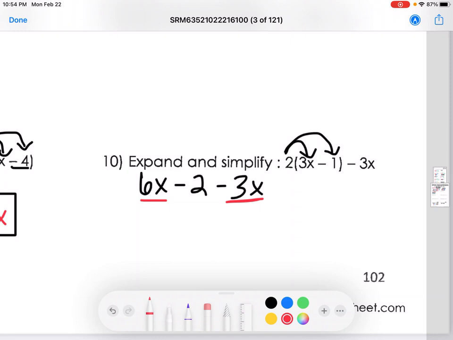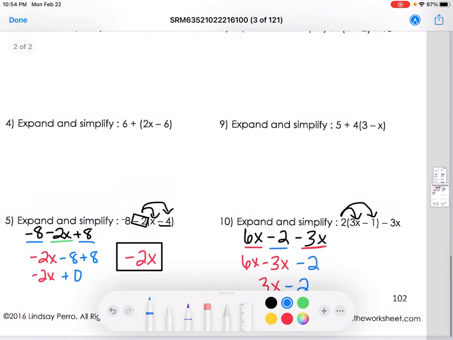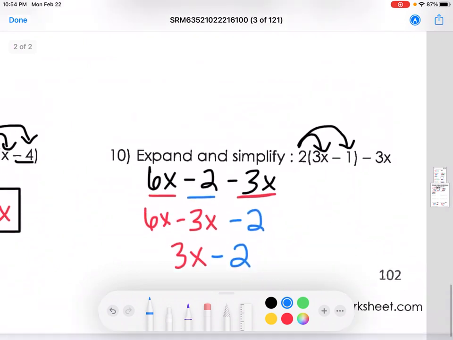I have 6x minus 3x. And then I have a minus 2. So 6x minus 3x is 3x. Minus 2, I have nothing to combine with that. So my simplified expression would be 3x minus 2.